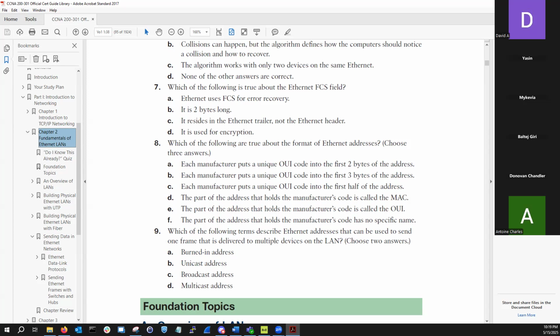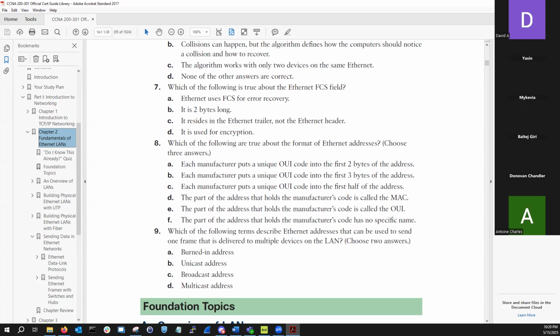Okay, why B? Because the first few bytes of the address are from the manufacturer. I'm going to assume the Ethernet address is the MAC address that we're talking about. Yes, it is the MAC address.